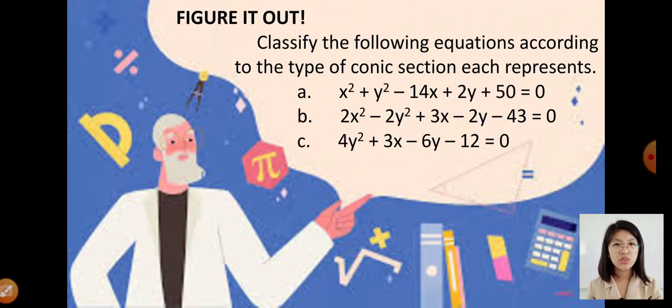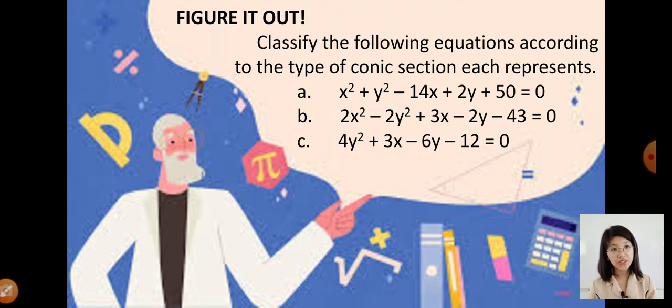So now, kung naintindihan nyo na, just answer the following. Pero kapag hindi nyo pa, pwede nyo namang panoorin ulit yung video. So figure it out. Classify the following equations according to the type of conic section each represents. So letter A, x squared plus y squared minus 14x plus 2y plus 50 is equal to 0.